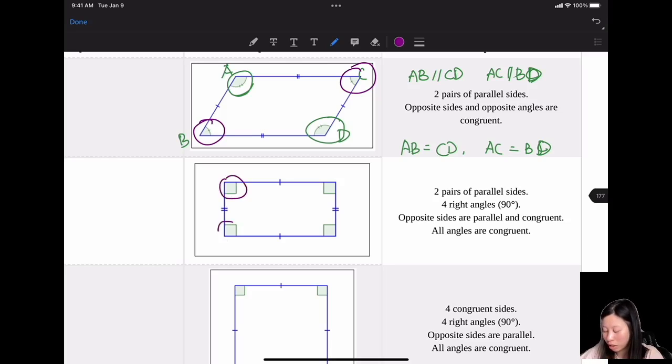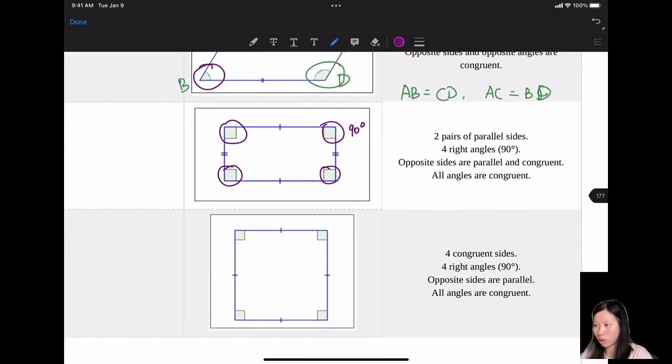That means all these angles are 90 degrees. All angles are congruent, and the opposite sides are parallel and also congruent. Also, you need to know a rectangle is a special parallelogram.